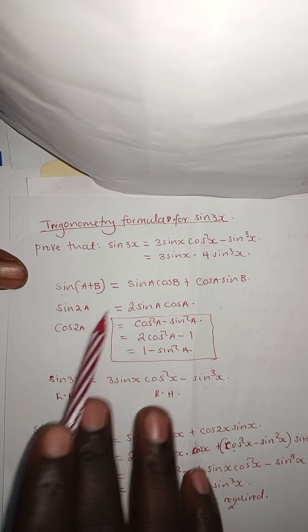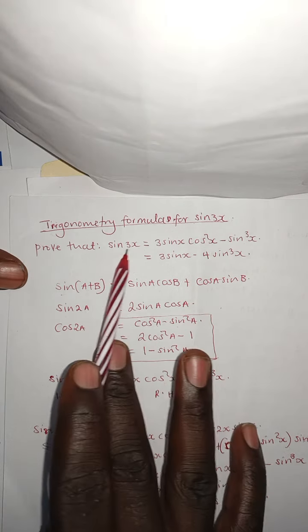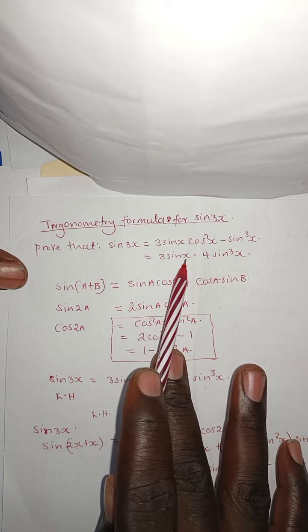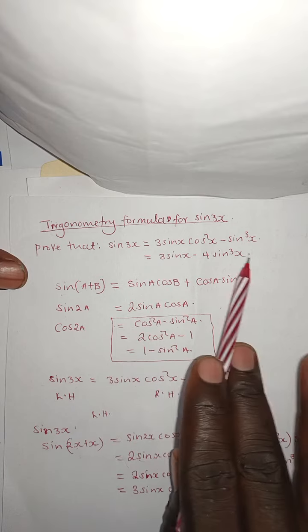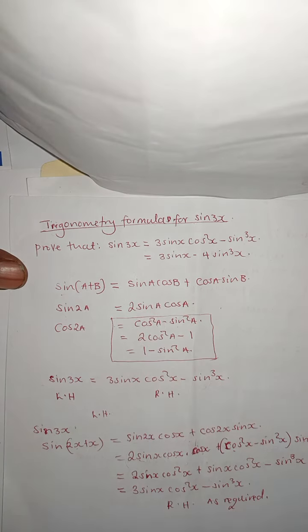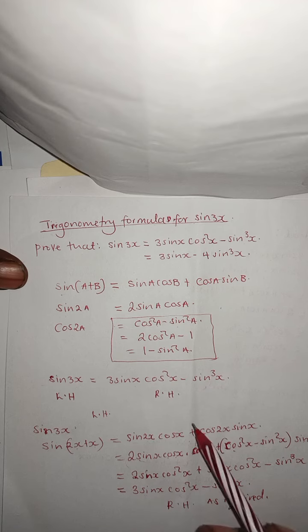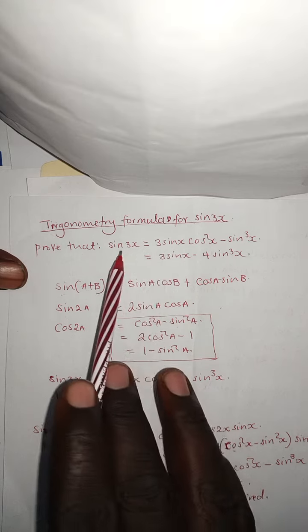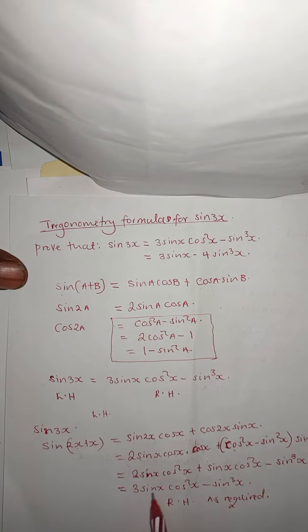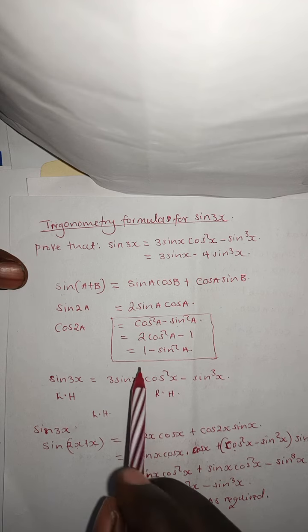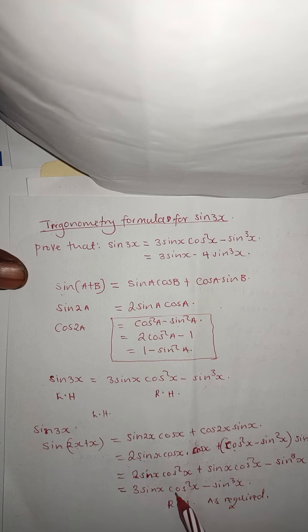Now, the second one. They want us to prove that sin 3x is equal to 3 sin x minus 4 sin cubed x. You see that in this one there is nothing like a cos. Everything is in terms of sine. Therefore, from where you stopped, because the procedure will be the same from the start because of the triple angle, I may substitute cos squared x for 1 minus sin squared x.